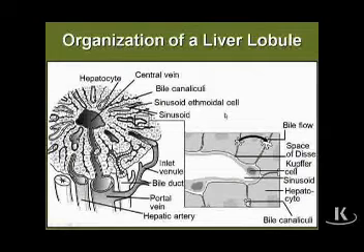Note that on the outside of the liver sinusoid, between the endothelium and the Kupffer cells and the hepatocytes, is the space of Disse. And in the space of Disse, even though it's not illustrated here, is another specialized cell type in the liver known as an Ito cell.